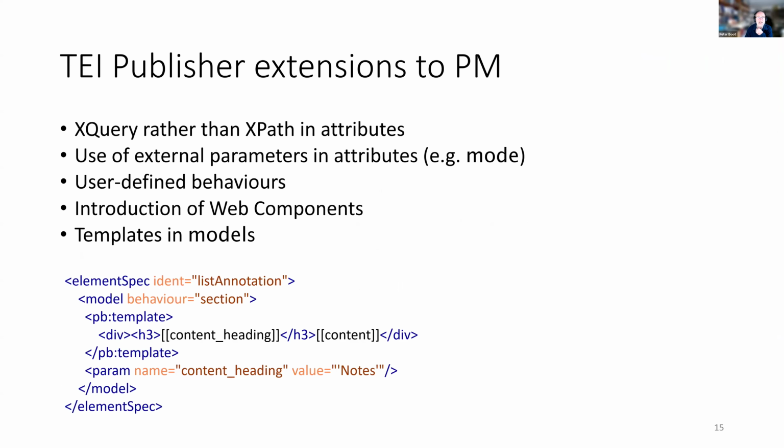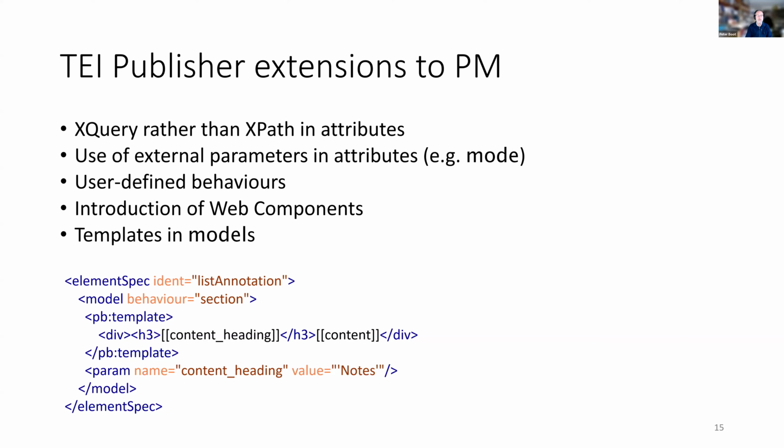What is interesting, I think, is to notice that at TEI Publisher, they have also found it necessary to extend the processing model in some ways. I mentioned a few of them. So they allow in the XPath attributes, such as predicate and value, XQuery rather than just XPath. And that, of course, makes processing and computation possible that in XPath would be clumsy or perhaps impossible.